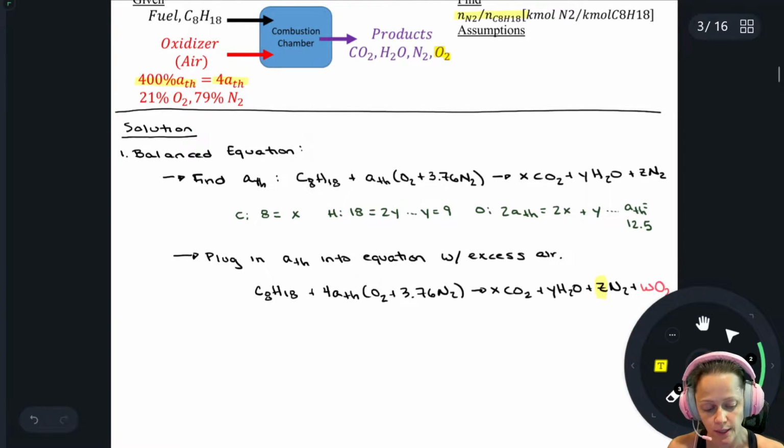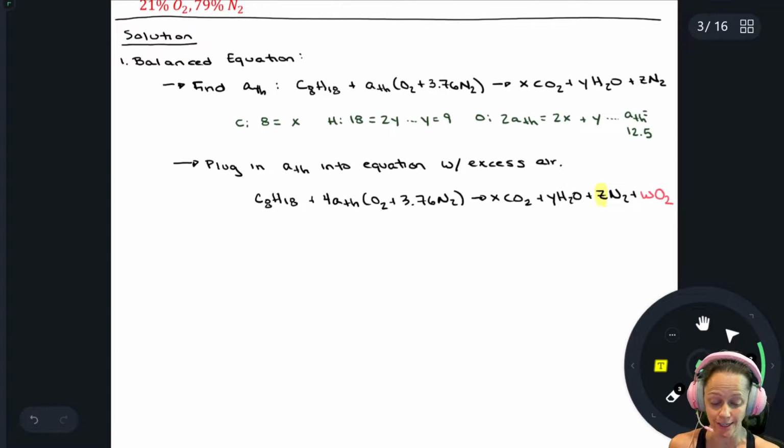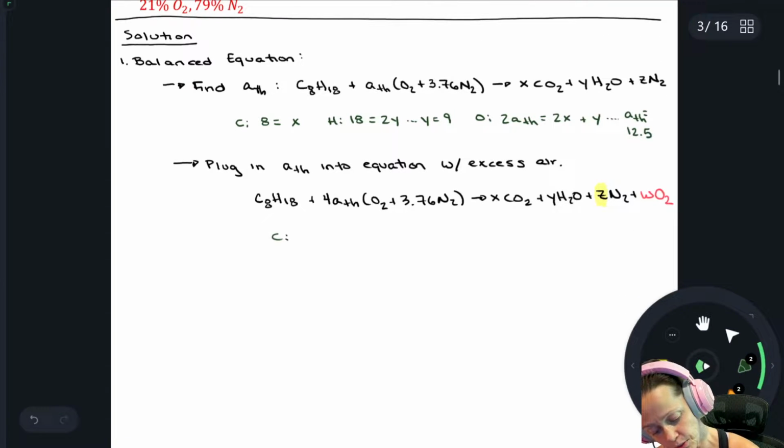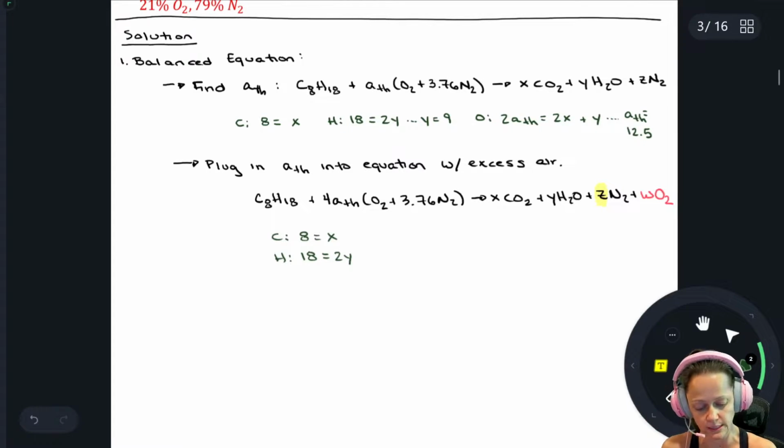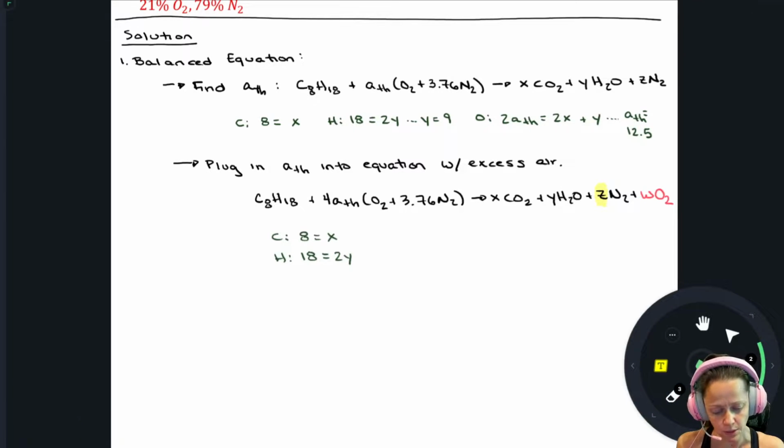So I'm going to do my mole balance, but keep in mind what I'm really after is Z. For my carbon, 8 on the left-hand side, X on the right-hand side. For my hydrogen, I've got 18 on the left-hand side and 2Y on the right-hand side. Actually, I really don't need any of this other stuff.